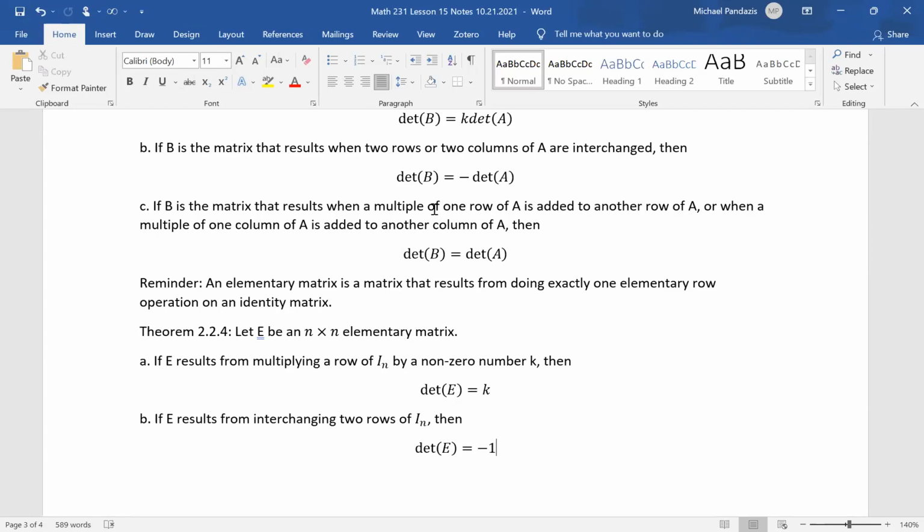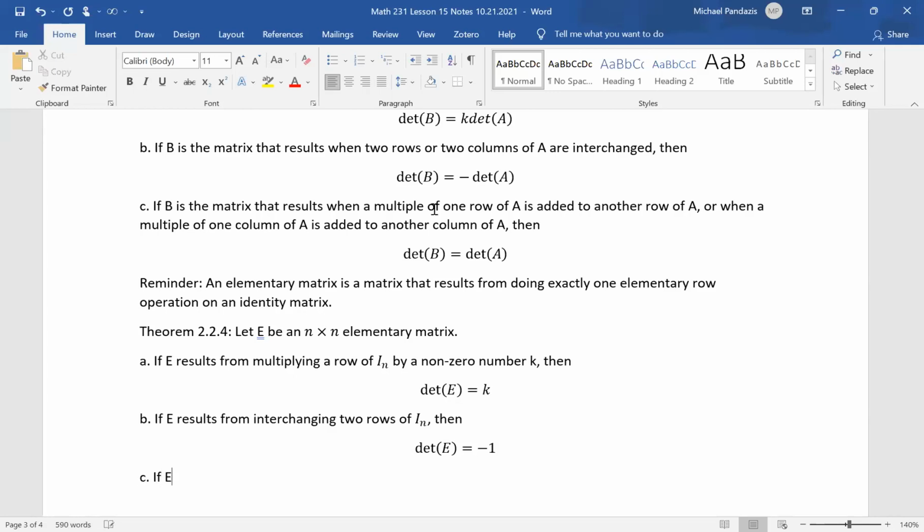And so if you switch two rows in an identity matrix, the resulting determinant has to be the negative of the determinant of the original matrix. And since the original one is always 1, the determinant of any identity matrix is 1, the determinant of the resulting elementary matrix from switching two rows has to be -1, the negative of 1. So this comes directly from the previous theorem.